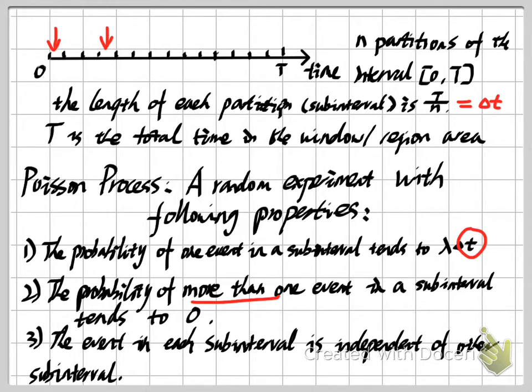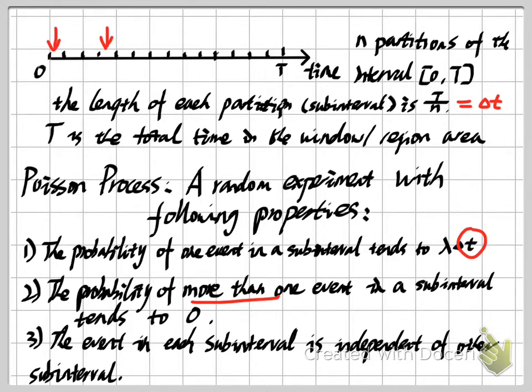And then the second one: the probability of more than one event in a subinterval tends to 0. That means if you assume that one city won't have 2 earthquakes in 1 month, and this satisfies our knowledge, then we can say the earthquake satisfies the second property.